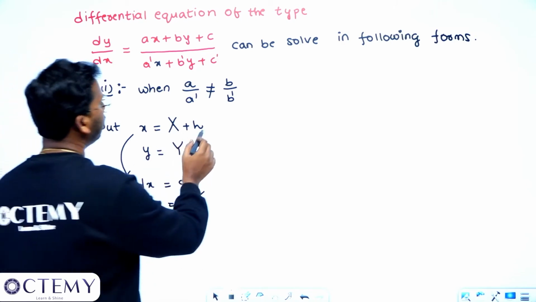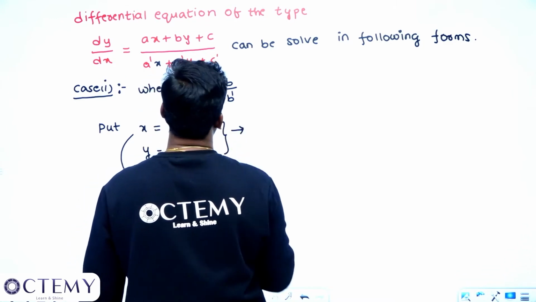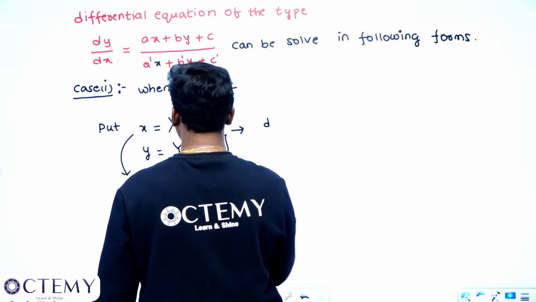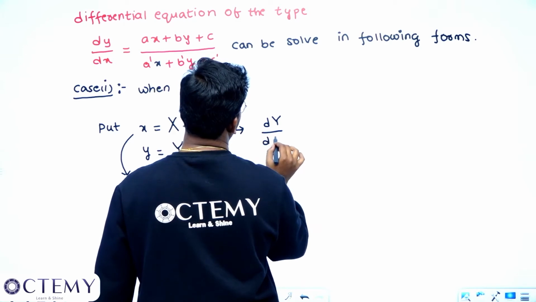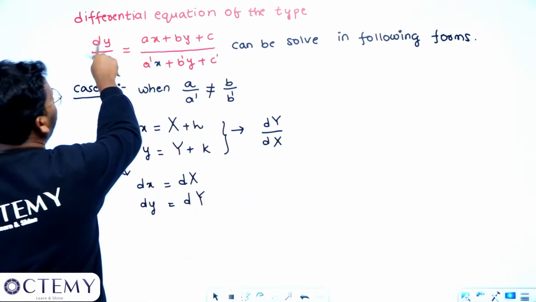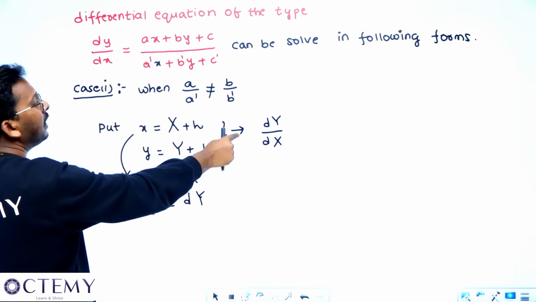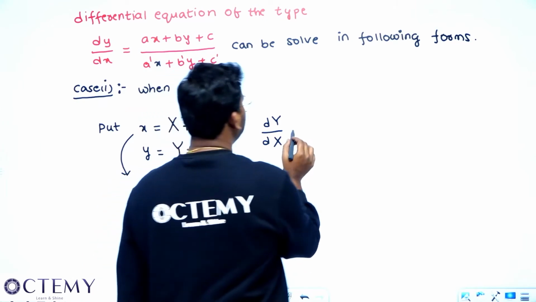And if you substitute this in the differential equation, we will get it like this. In place of small dx, can I write d capital X? Yes. And in place of small dy, I can write d capital Y. And this will become what?